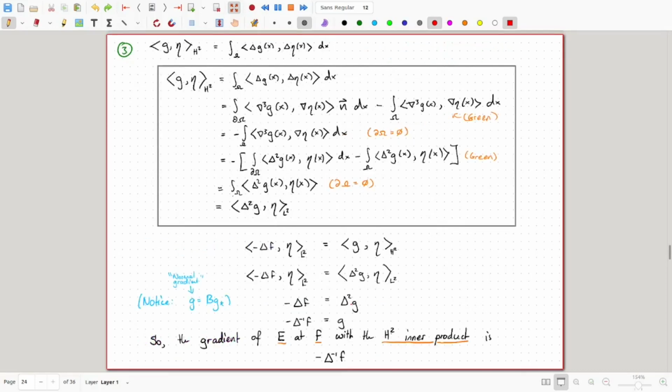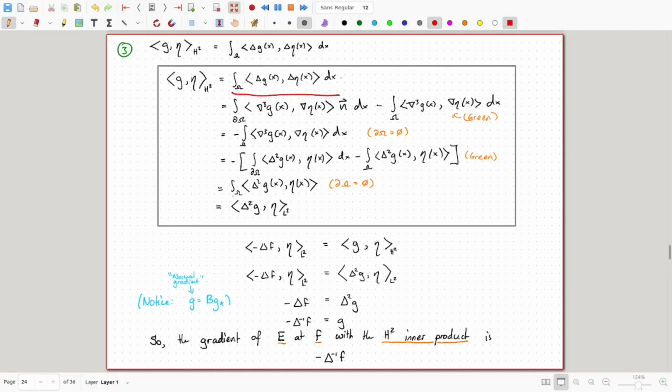And finally, let's look at my final example, which is the h2 inner product. I'm just going to speed through this. Here's your definition. It's got the Laplace operator in it. We do a similar thing to what we did before: we're going to eventually write it down as an L2 inner product.